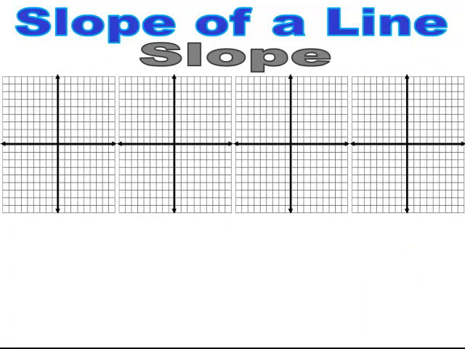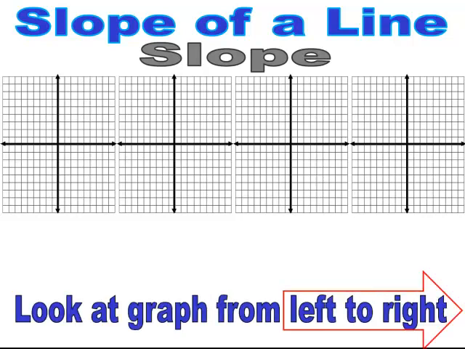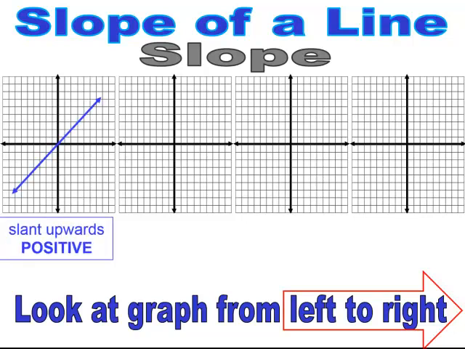When we're looking for slopes and determining whether a slope is positive, negative, 0, or undefined, you always want to look from left to right. So you always want to look at the graph from left to right. So in a picture, if we're looking from left to right and it slants upward, it's a positive slope.